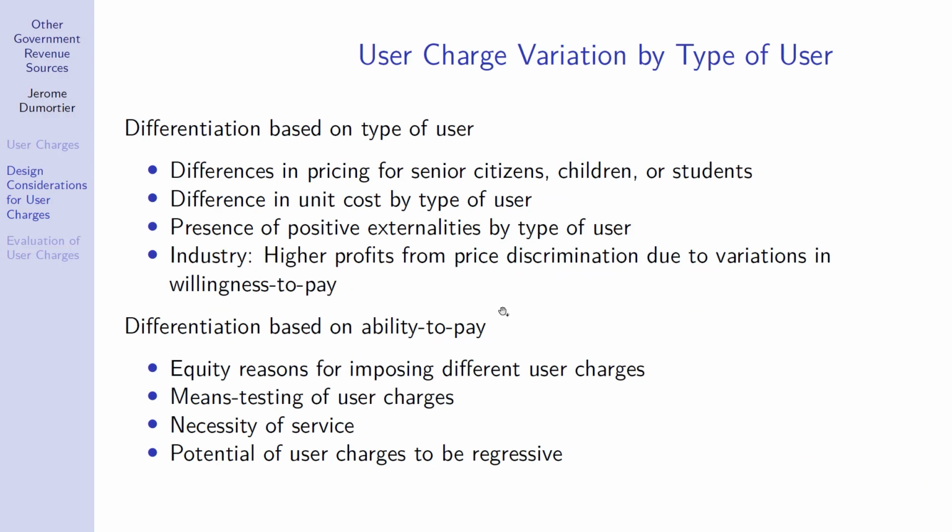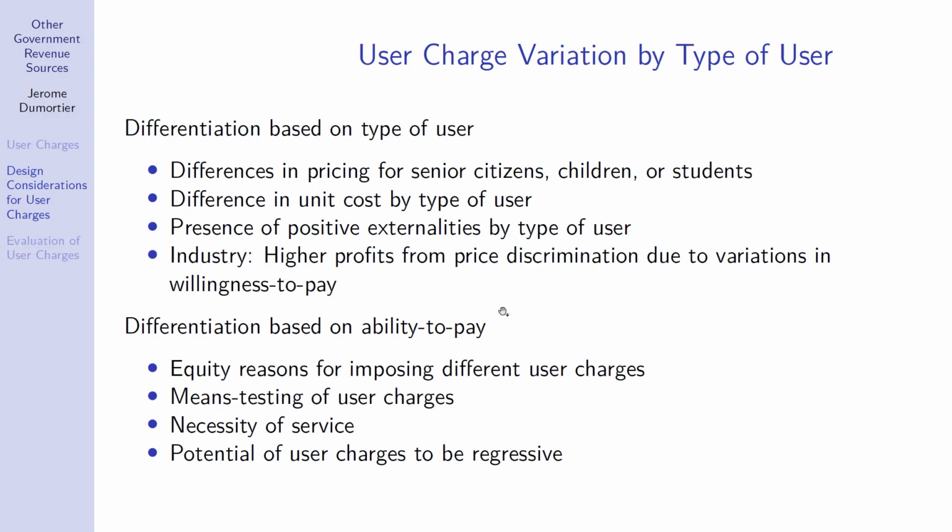Now, before we mentioned variation in user charges by volume and by time, but it could also be user charge variation by type of users. Here we are looking at two types of users, in the sense that we know, for example, that senior citizens, children, students have differences in the willingness to pay for the good.